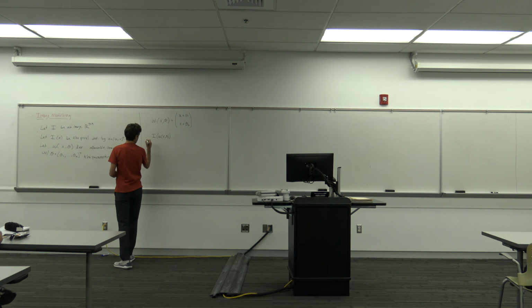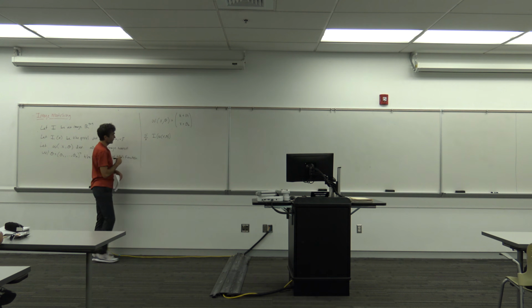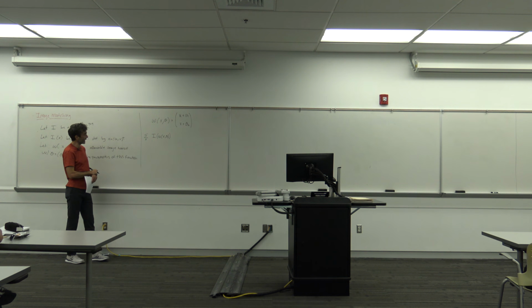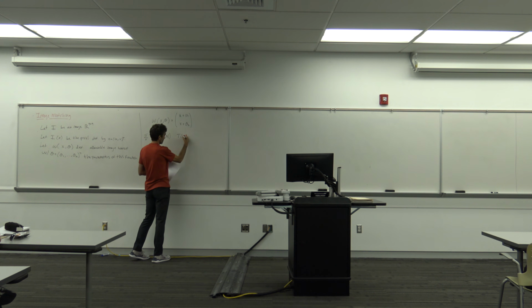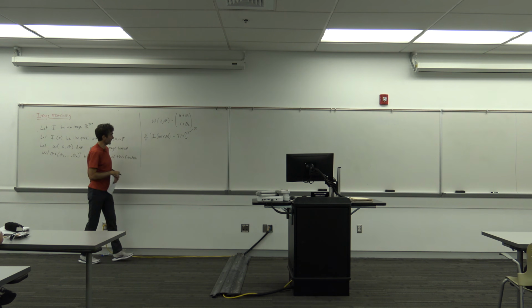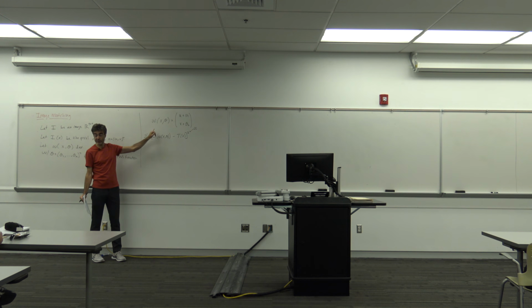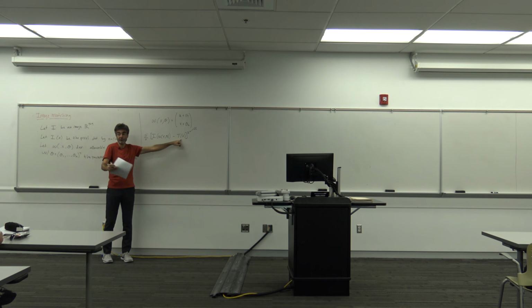And now, if I sum over all the pixels in my image, I want this transformation to be as close as possible to some target transformation. And because I'm going to use least squares, I'm going to square that. So I want my image, according to that transformation, to be equal to the ground truth or the target. I'm going to call this the target.